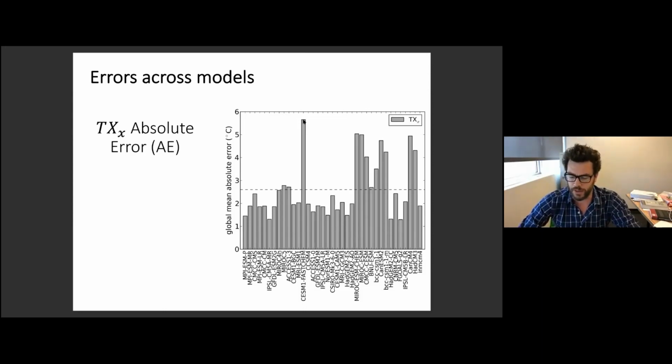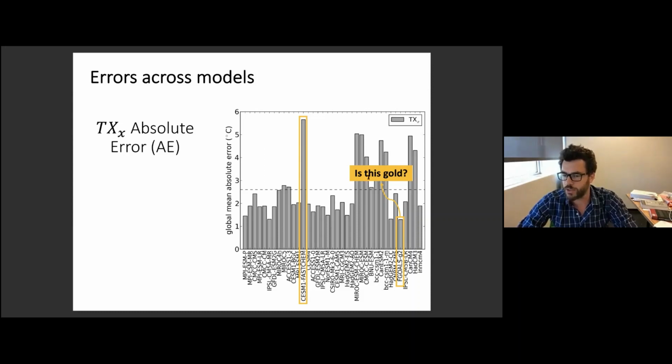You can identify a few models that look pretty bad. The CESM FastChem has the largest error, nearly 6 degrees. And you can also see some models that seem to do pretty well. This FGOALS model has one of the lowest errors, about 1 degree.